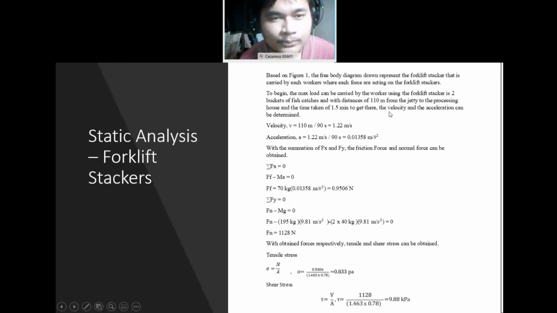With that, we can find the velocity and the acceleration. With the values obtained, we can find the friction force and normal force through the summation of Fx and Fy. So this is the calculation. From the forces obtained, we can find the tensile stress and the shear stress acting on the forklift stacker. Well, that's all. Thank you.